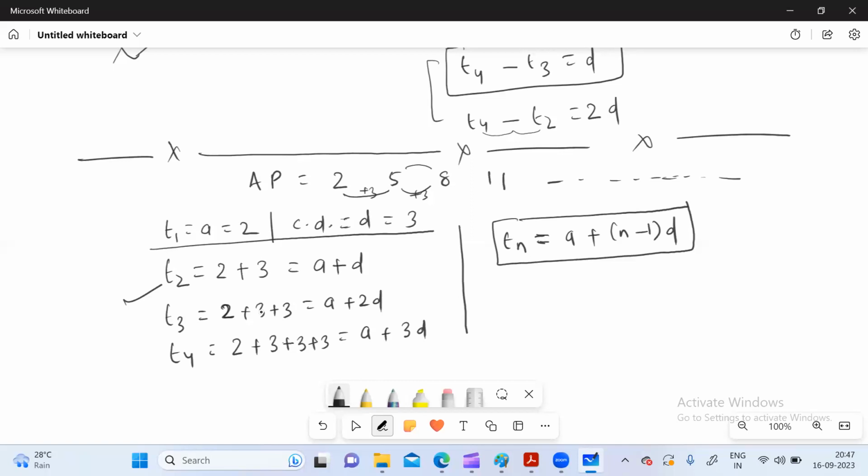What will be the tenth term? The tenth term will be 9 times the common difference more than the first term.